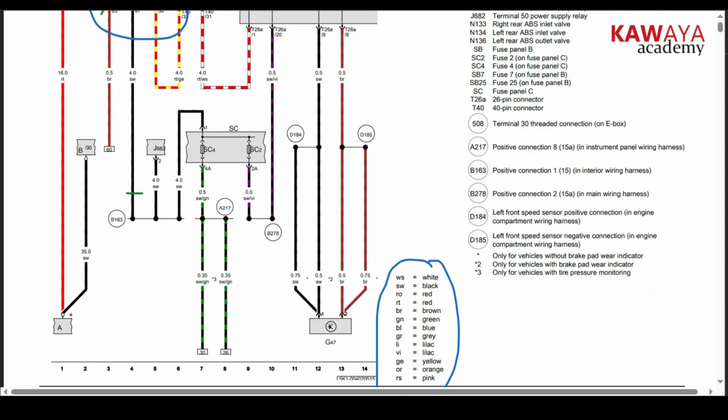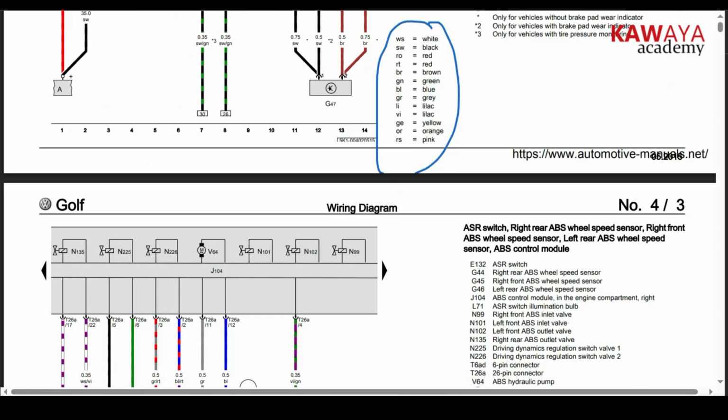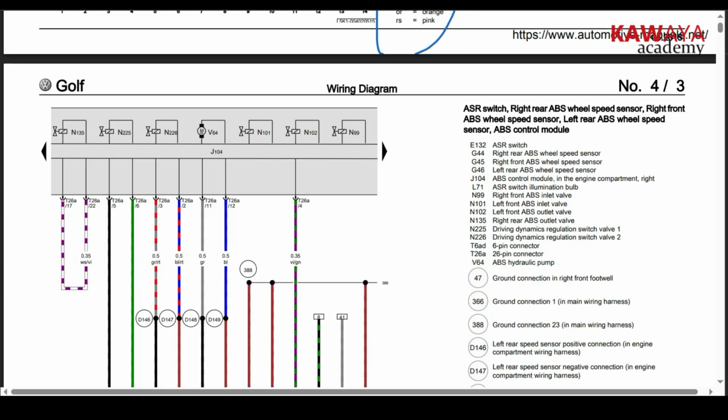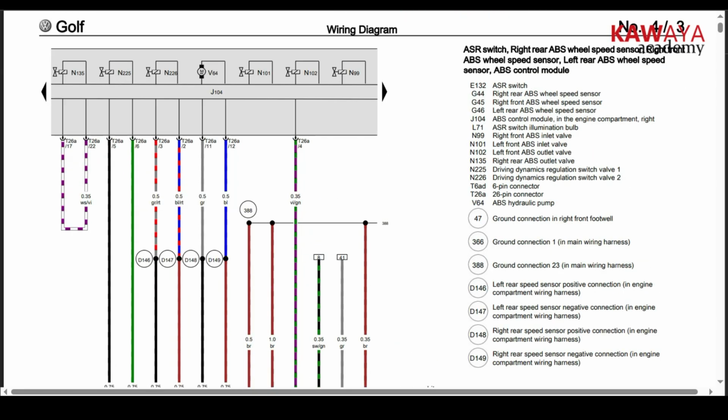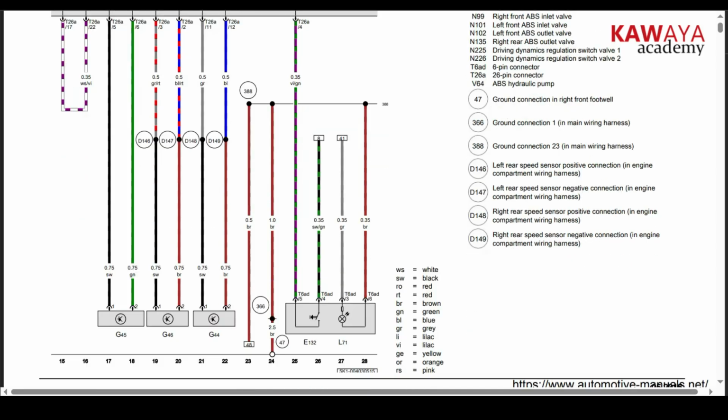Okay, let us go to the next page. So this next page is continued from the previous page. We can also try viewing how these are situated. This is an ABS relay, and these are usually the pinouts. If you're looking for different pinouts, you can see their color codes. This is blue, red, this is gray, this is blue. Okay, so these are the loads, these are the sensors.